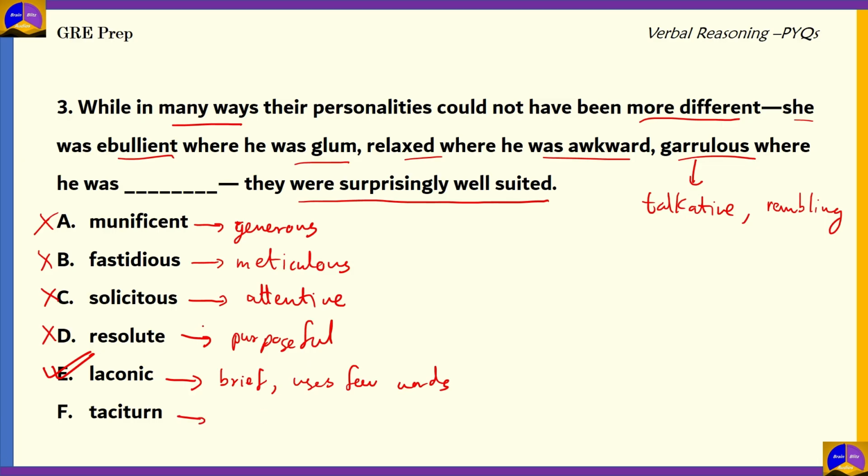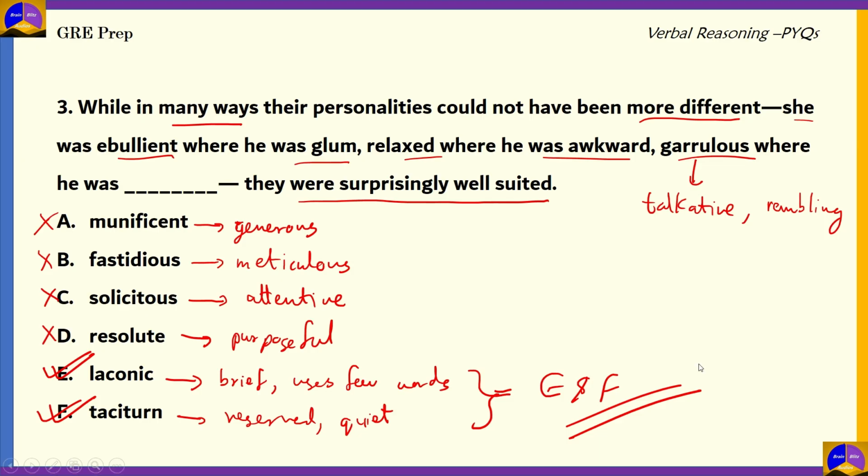Now we know that 4 options are incorrect, 1 is correct, so of course option F has to be correct. The term taciturn means reserved and quiet, which perfectly describes the person in the setting. So option F, taciturn, is also one of the correct answers. So E and F turn out to be the right answers for this question.